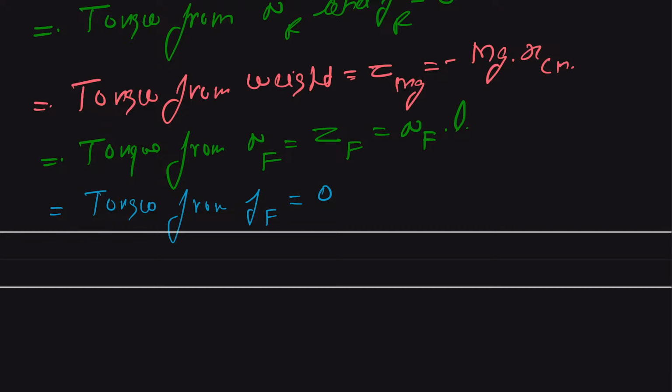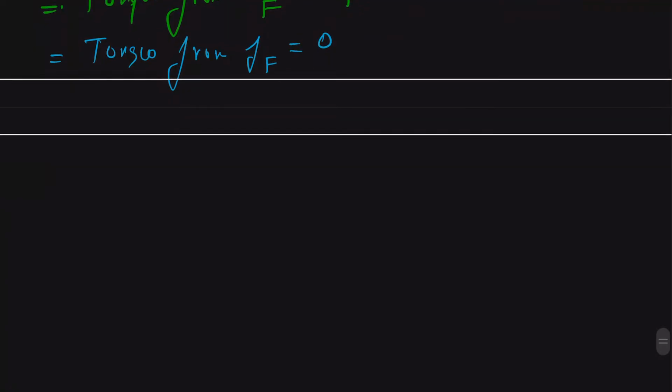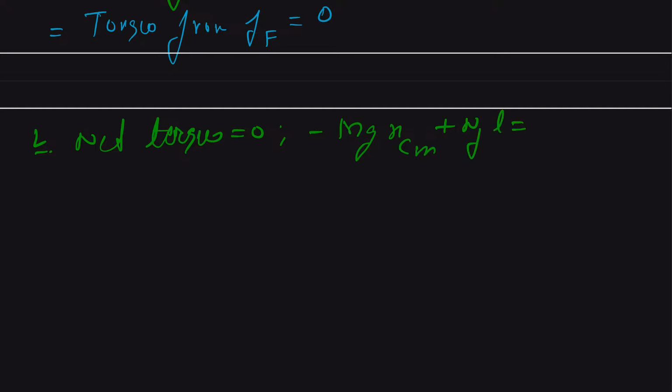Now we can set the net torque equal to 0, because it is in equilibrium. Therefore our net torque, minus mg xcm plus NF times L, should be equal to 0.